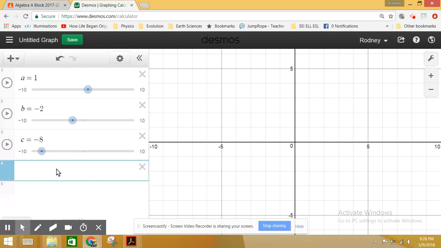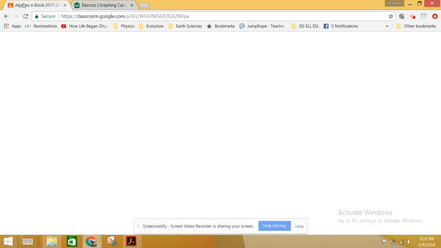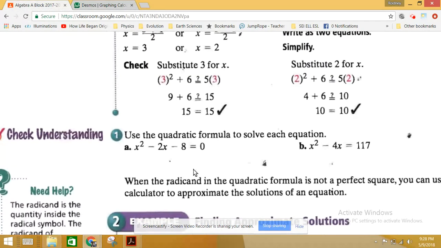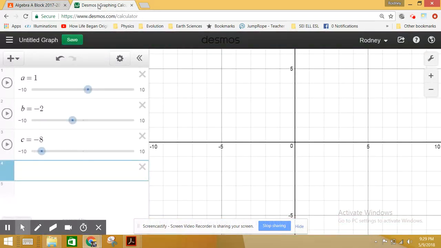Now that I have this information, I want to know what x is in this case if this equation equals 0. So I use the quadratic formula. I'm going to go back here. The quadratic formula is negative b plus or minus the square root of b squared minus 4ac, all over 2a. So I'll go ahead and set it up.